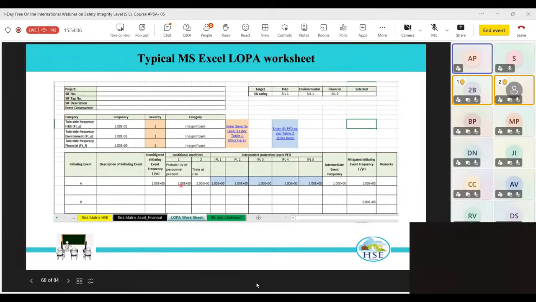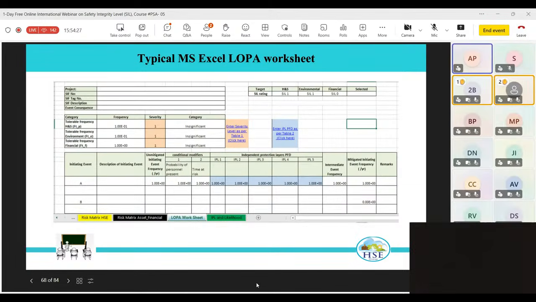Conditional modifiers are typically conditions which can be used for the case of a person being available or not available. Okay. Whether he is going to be near the accident site or not, and how many hours he will be there. That kind of thing you can decide. And then time at risk.